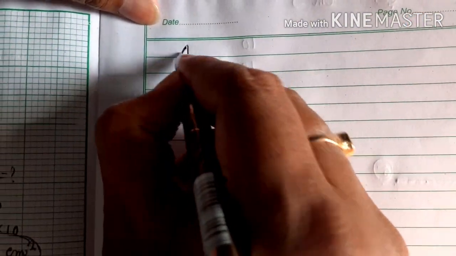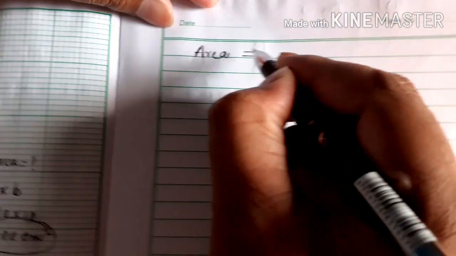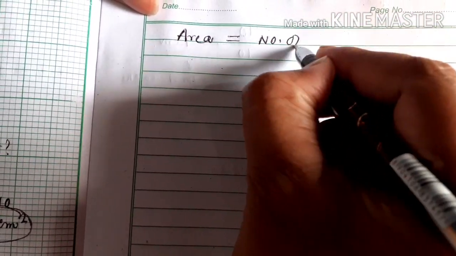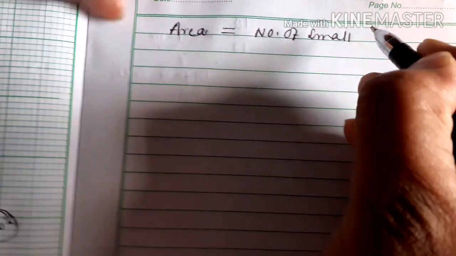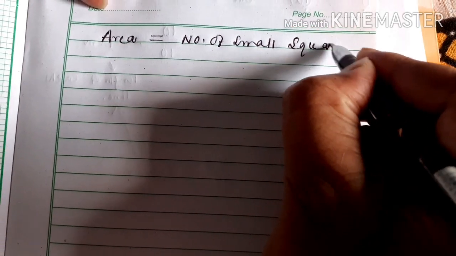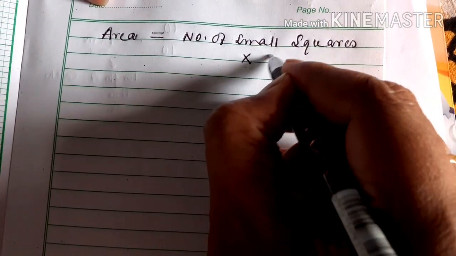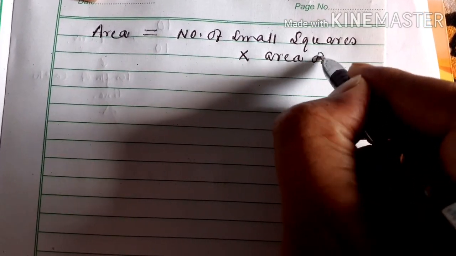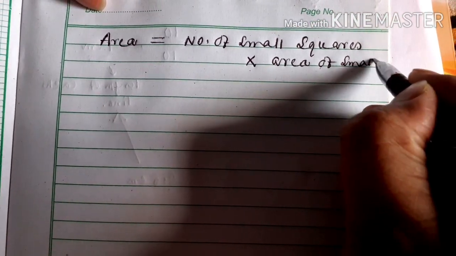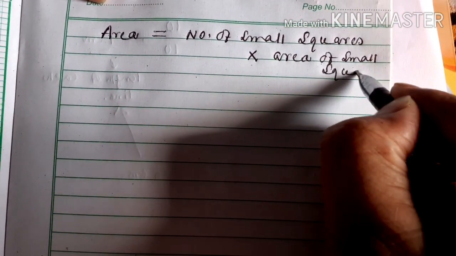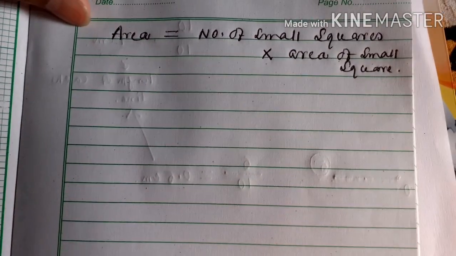So the other process to calculate that is: area is equal to number of small squares into area of each and every small square.